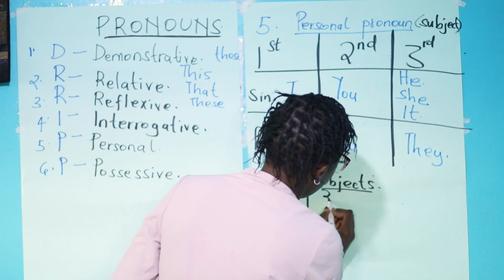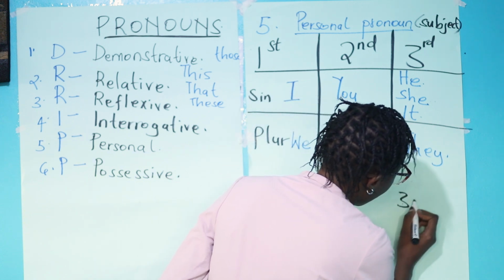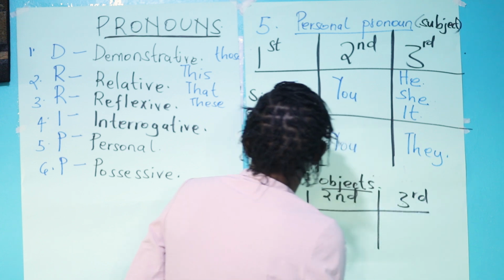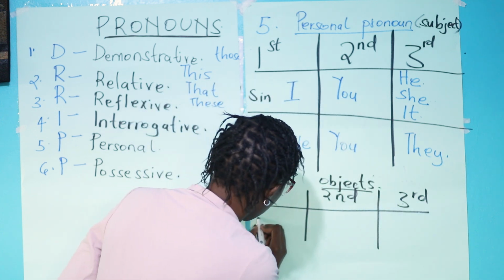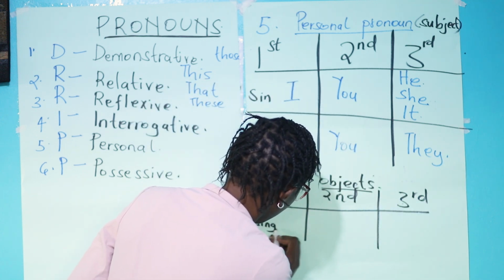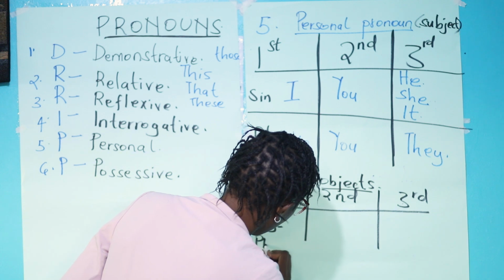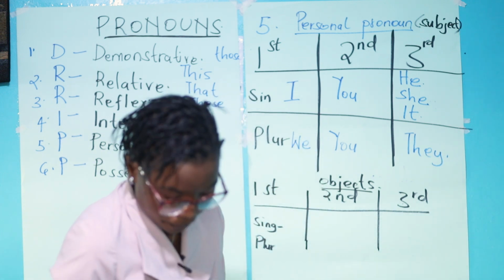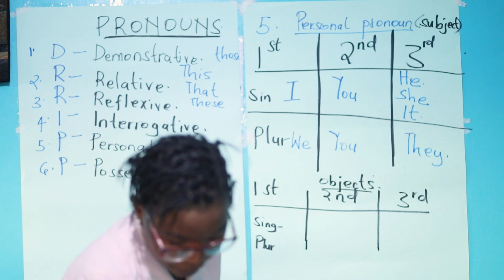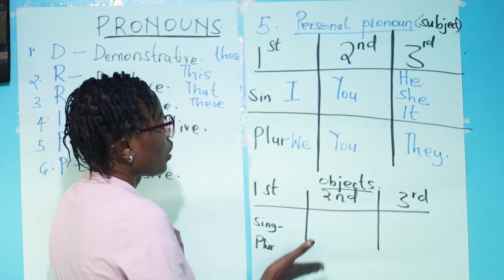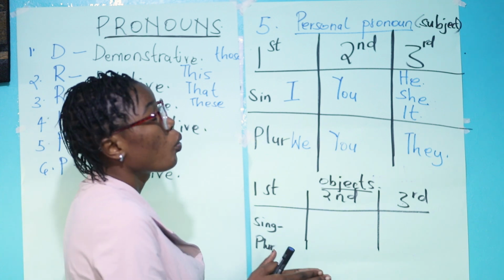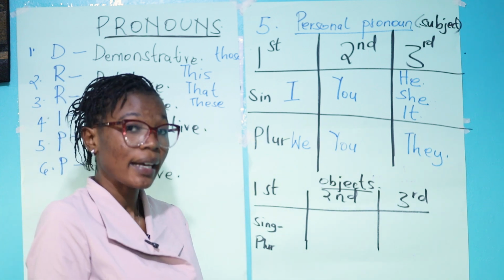First person, second person. Under first person, second person, and third person, we again have singular and plural. And now, under objects, objects are the people who are being talked about in the sentence.